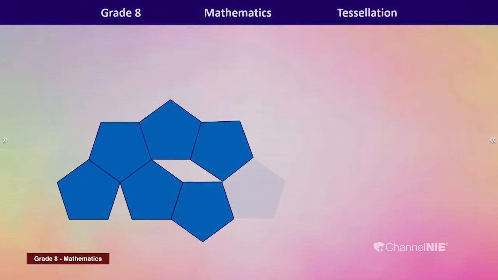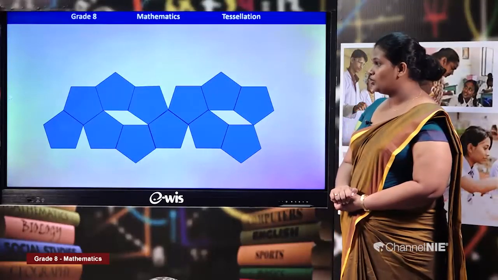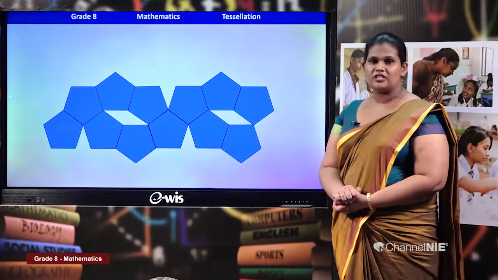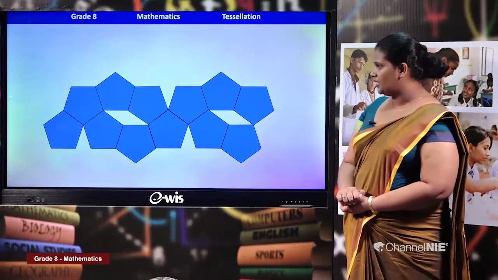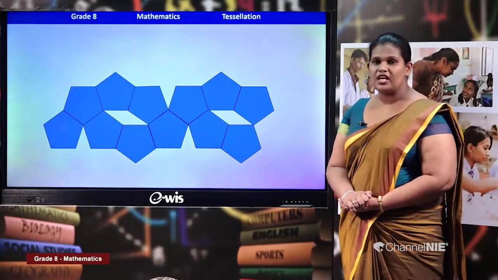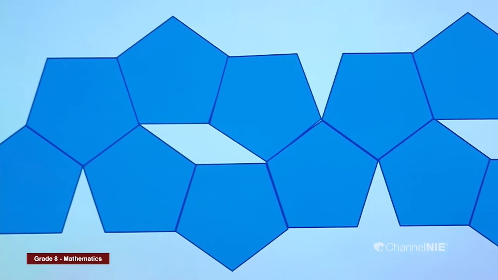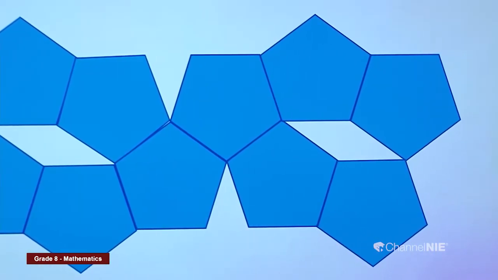Now, here we are using pentagons, not just pentagons. These are regular pentagons. That means, all 5 sides are equal in length. I was just trying to create a beautiful tessellation using regular pentagons. What has happened? I have some gaps between two shapes. So, can I make a tessellation using regular pentagons?